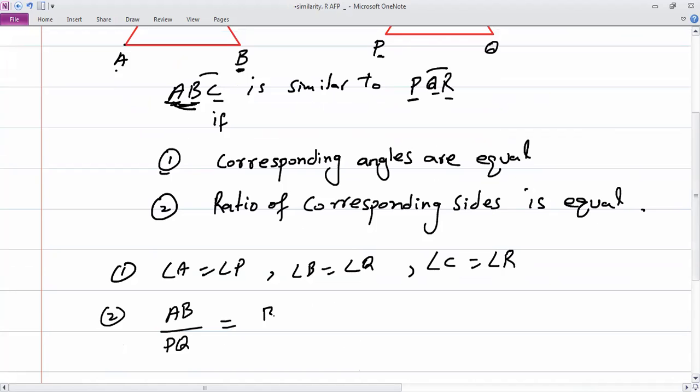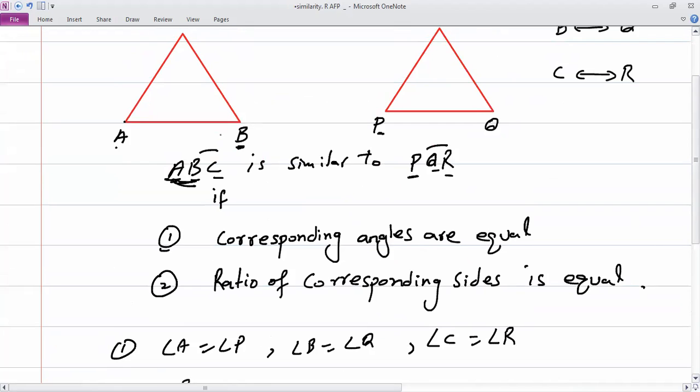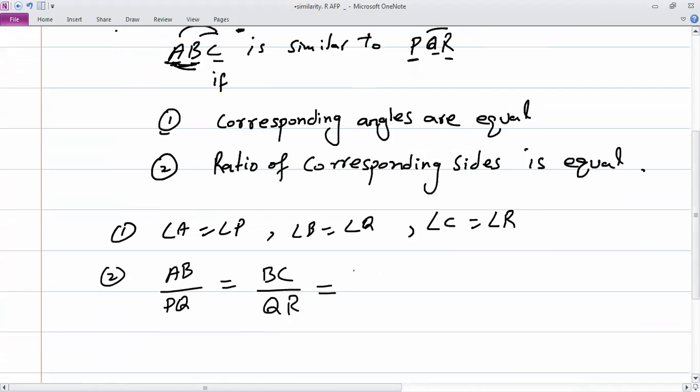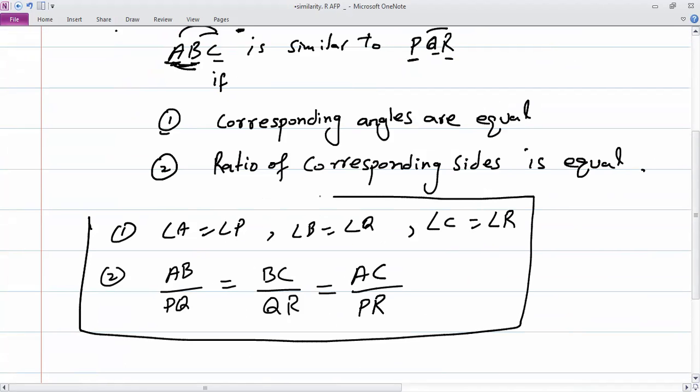So BC over QR should be equal to, for example, AC over PR, since AC and PR are corresponding. If these two conditions are fulfilled, then we will say the shapes are similar. If these conditions are not fulfilled, then we will say the shapes are not similar.